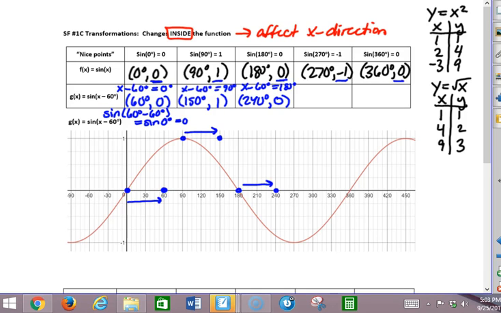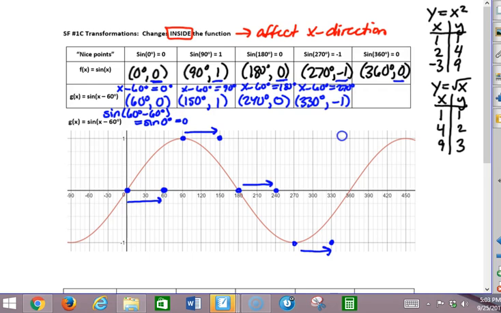My next one, I need x minus 60 to equal 270, because I want what's inside the function to equal 270. So x is going to have to be 60 plus 270, which is 330. So my y value is -1. So I have 330, -1. Notice once again, 60 to the right of where it was before.